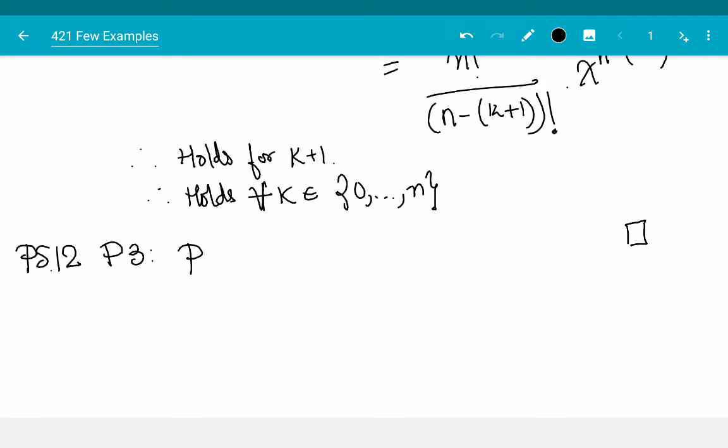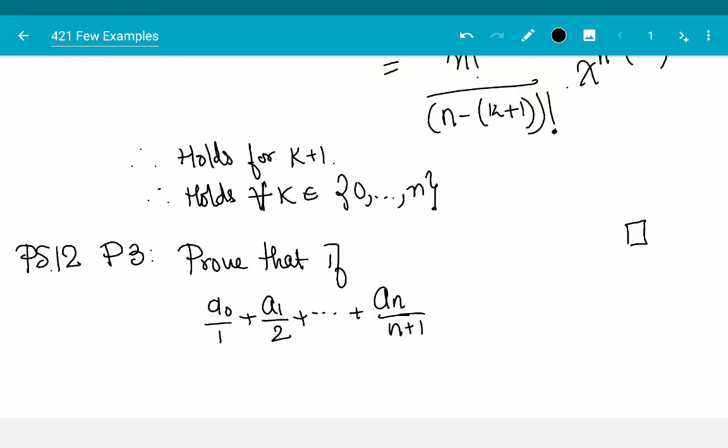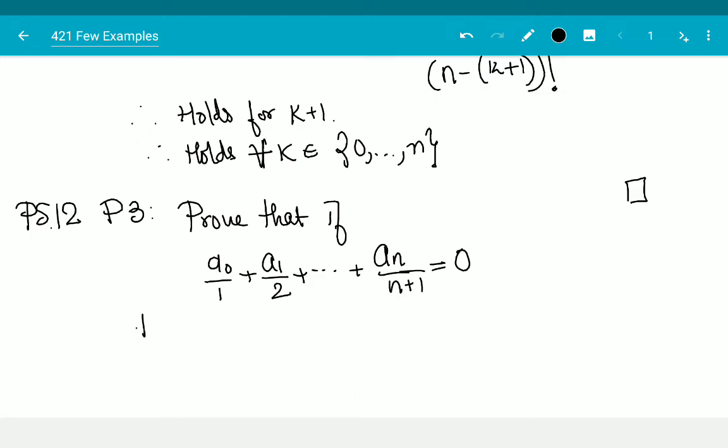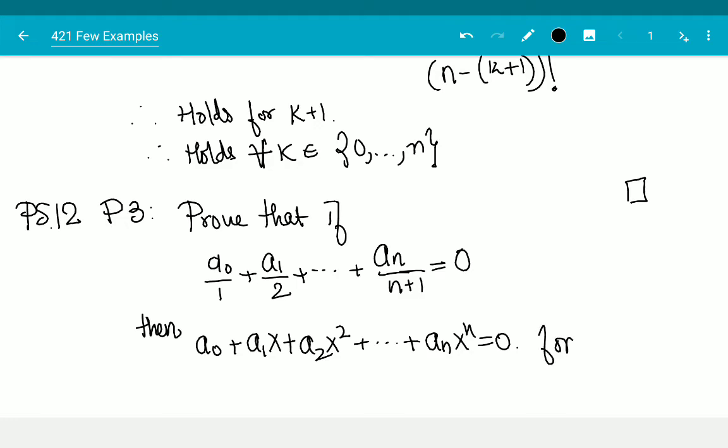Prove that if a0 over 1 plus a1 over 2 plus dot dot dot plus an over n plus 1 is equal to 0, then a naught plus a1 x plus a2 x squared plus dot dot dot plus an x to the n is equal to 0 for some x. Right? There is some x for which this is true.